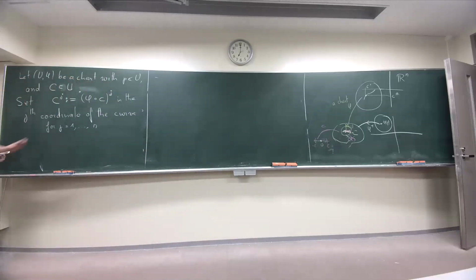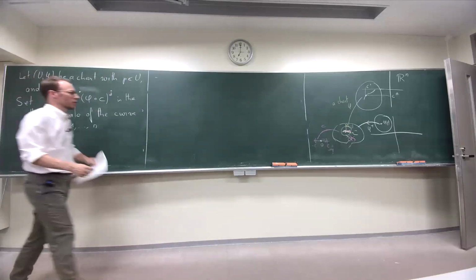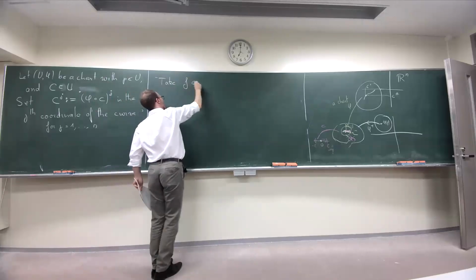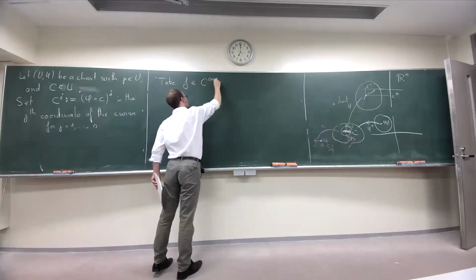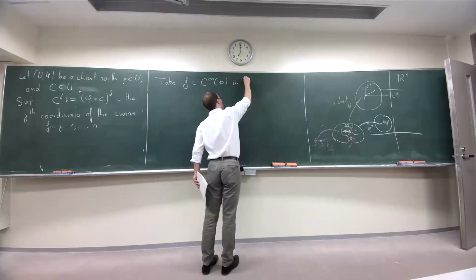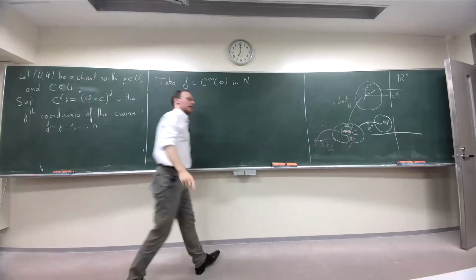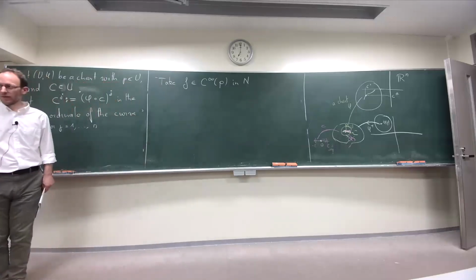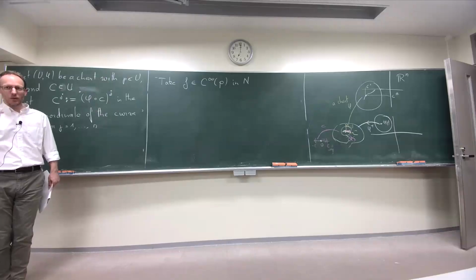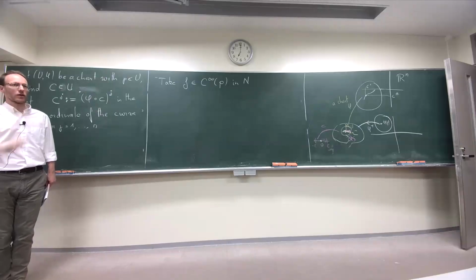Okay, so we have this picture. And then what I'm going to do is take f now. This is a key point, in N. Be careful about this. Just before I had written an f which was living only on the curve.